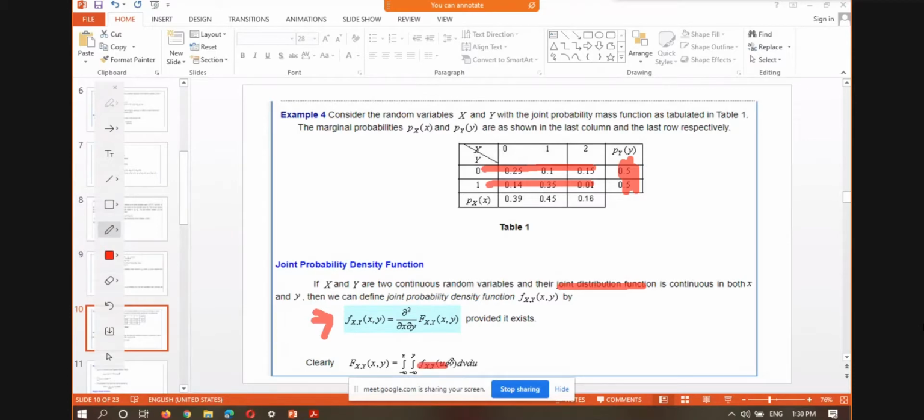And if you have the joint probability density function of continuous random variables, then you can get the joint distribution function F of xy by using this result: integral from minus infinity to x, minus infinity to y, f of uv, dv du. So you have to remember these two results also.